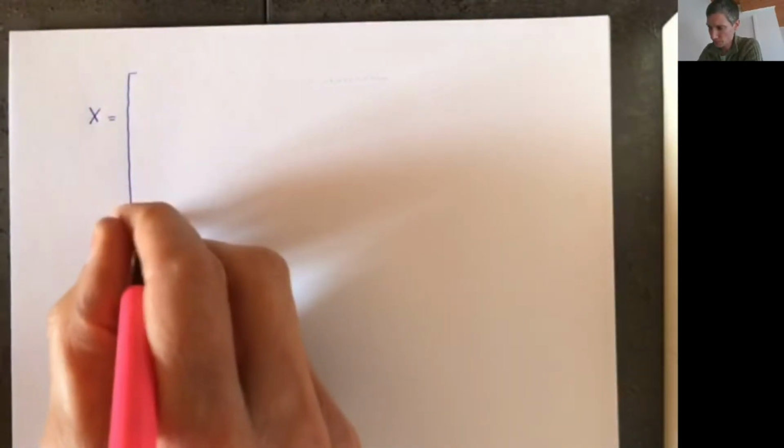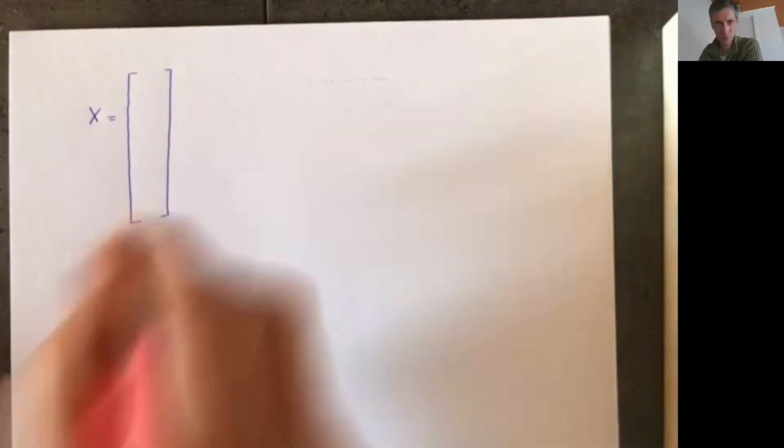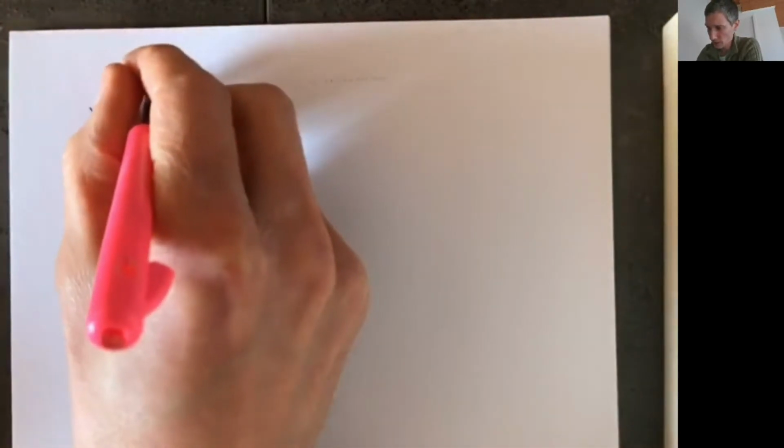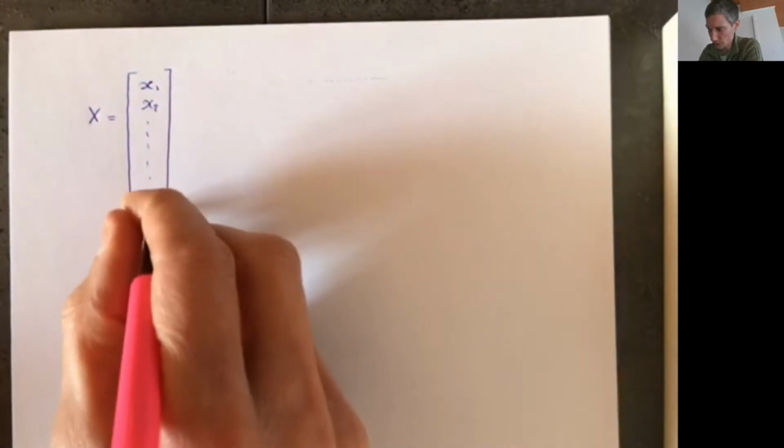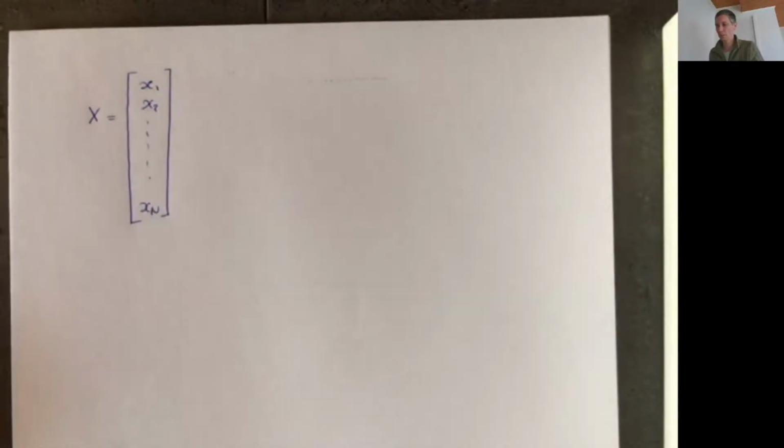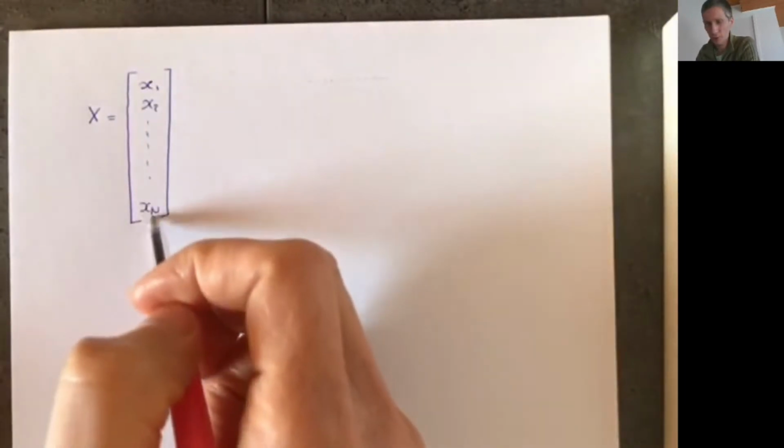Maybe the easiest way to do this is the following. x, we can put into a big vector. Let me write it like this, with values x1, x2, and so on until xn. So we're going to store this in the computer as an n-dimensional vector of size n.